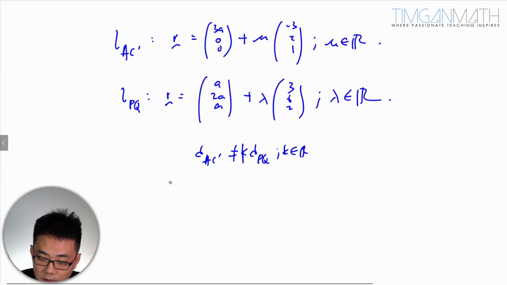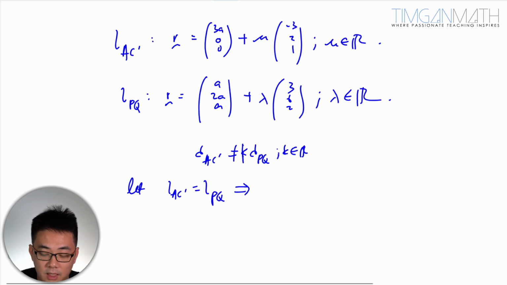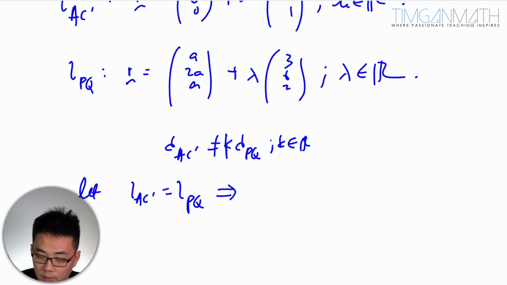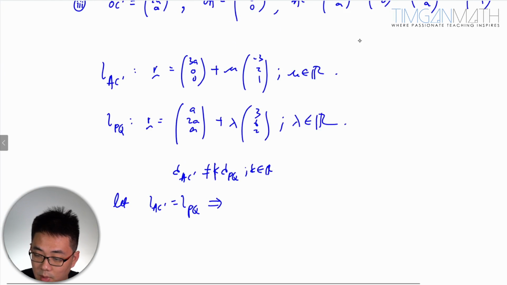So what we're going to do is just let L AC prime equal to PQ. You just need to find the intersecting point. So I'm going to just equate both of these. Remember, in secondary school we usually just let y1 equal to y2, right?